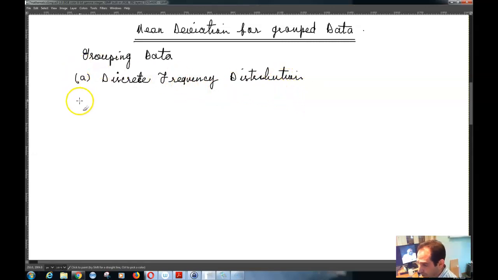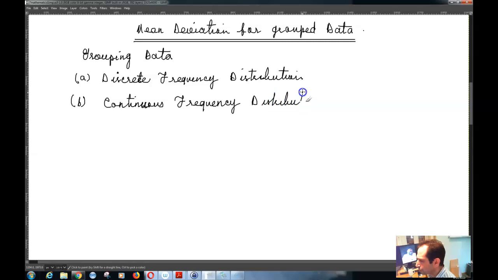And the other way is called continuous frequency distribution. So we have the discrete frequency distribution and the continuous frequency distribution.